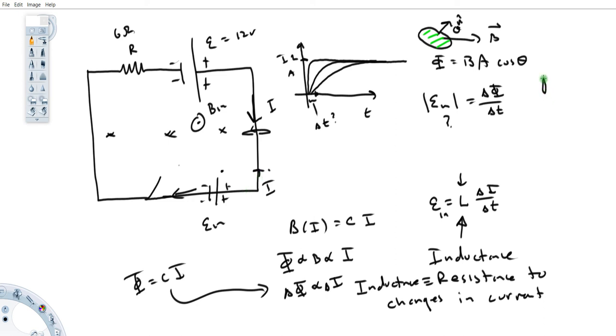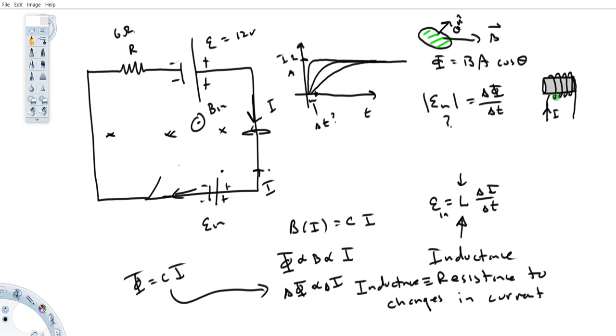So if you had, say, an iron core, and you wrap your wire around it, every time you go around the iron core, you're creating more magnetic flux for any given current.